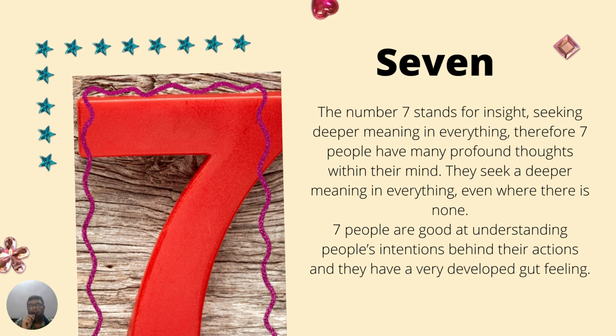So these people, they have something very mystical connected with them. They have profound thoughts within their mind. They want to go deep in their field. If they are artists, they want to go deep inside arts and develop their talents. They want to reach the absolute zenith of arts.